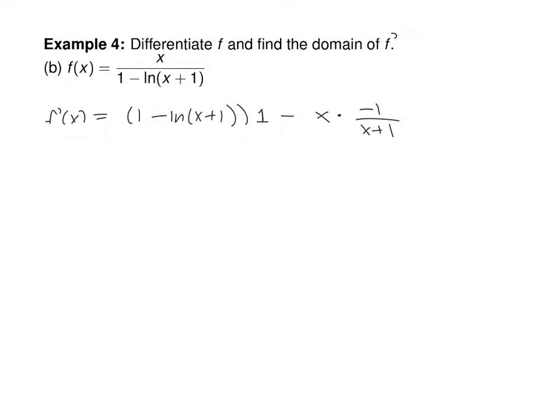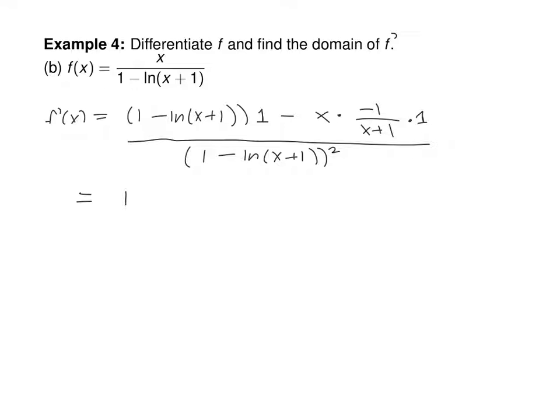Technically, you must use the chain rule, but what is the derivative of x plus 1? Just 1. So on that particular question, if you had forgotten the chain rule, I'd be none the wiser. Okay? And all that jazz is over 1 minus ln of x plus 1 squared.